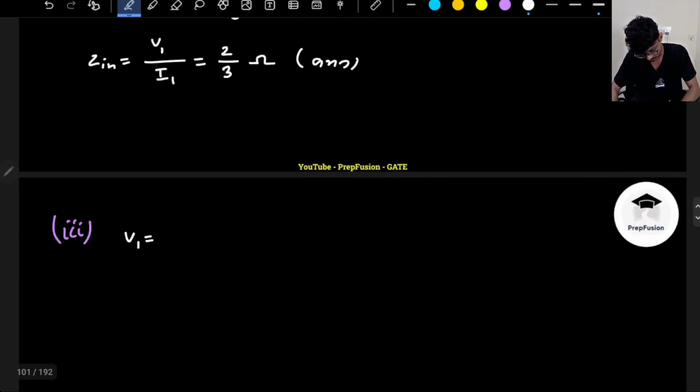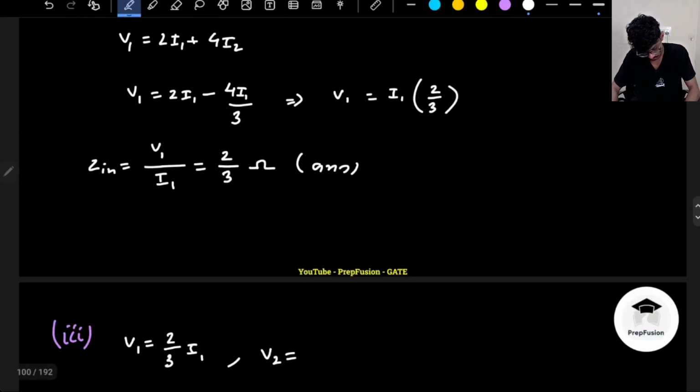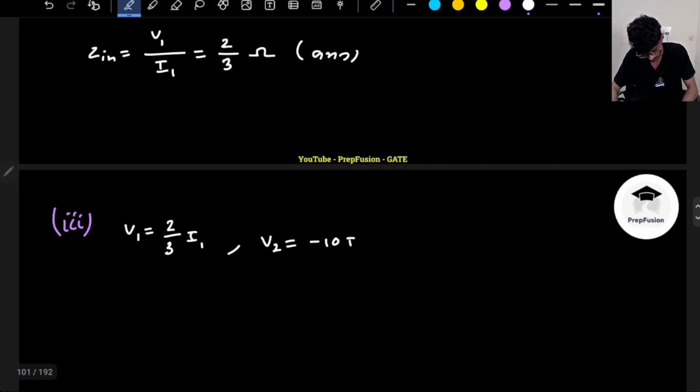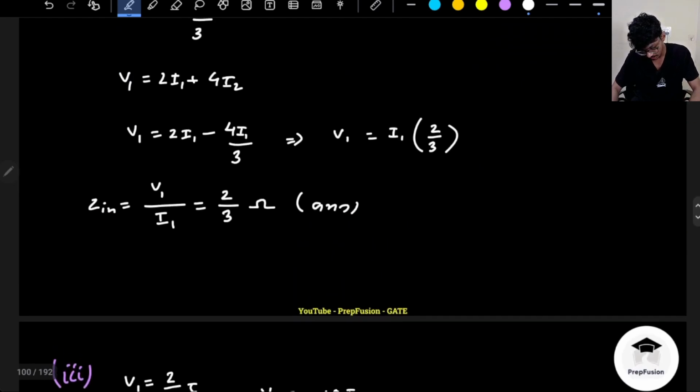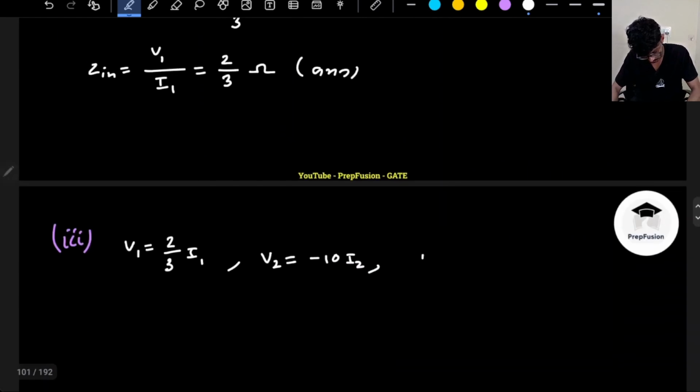V1 is 2 by 3 I1 and V2 is minus 10 I2. Also another relationship I know, that I2 by I1 is minus 1 by 3.